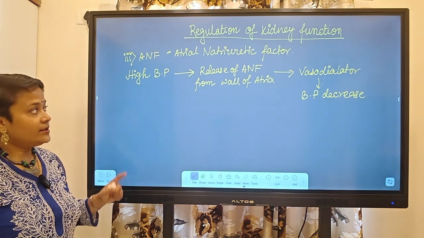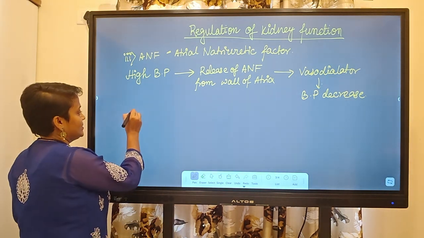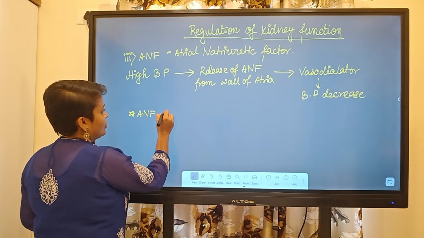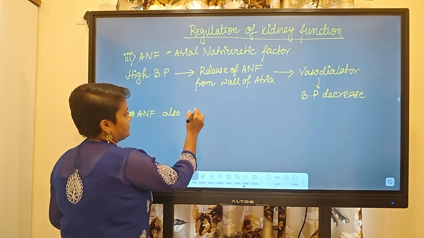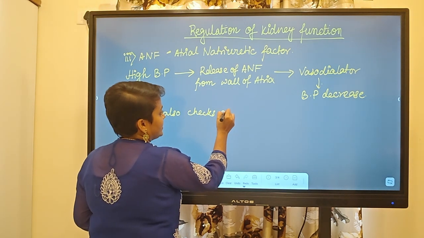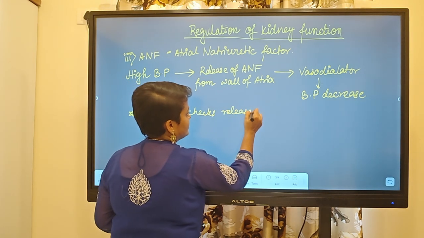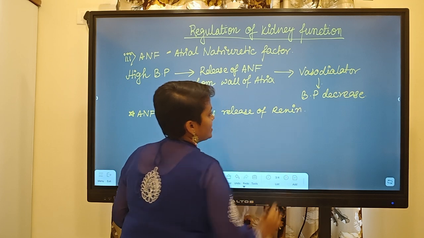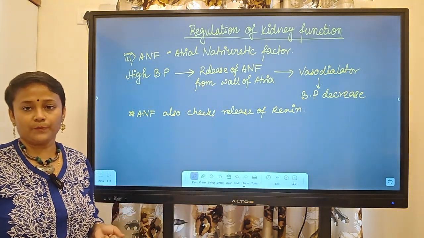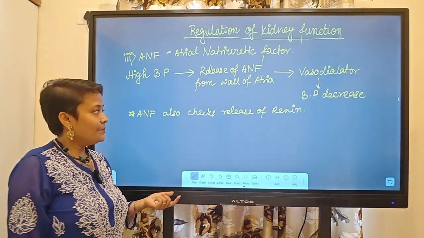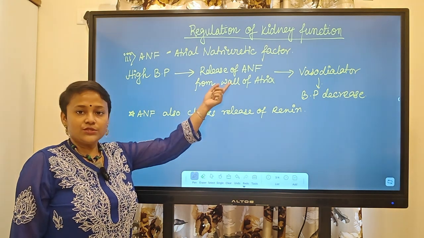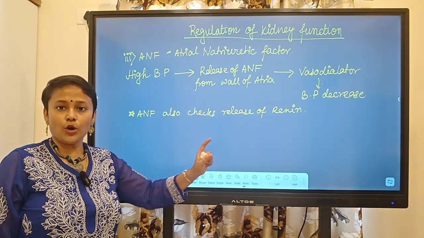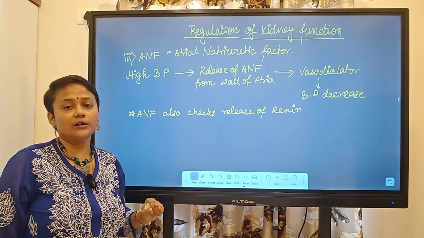Okay. And once again, you have to remember that ANF also checks the release of renin. Actually, renin, what will it do? It will increase the blood pressure, increase the GFR. But this ANF also inhibits the renin. I mean, it will send the signal to stop the release of renin.